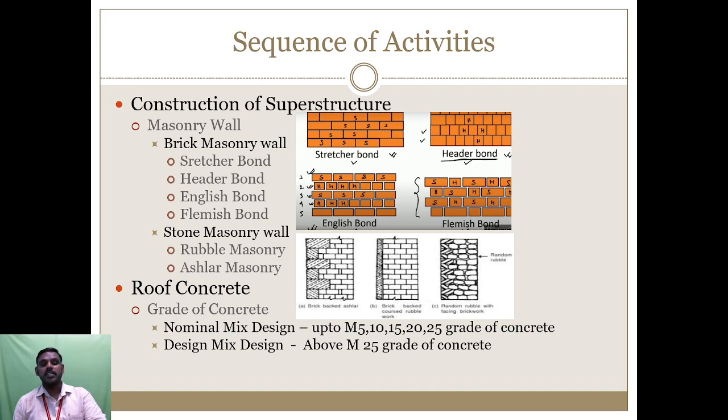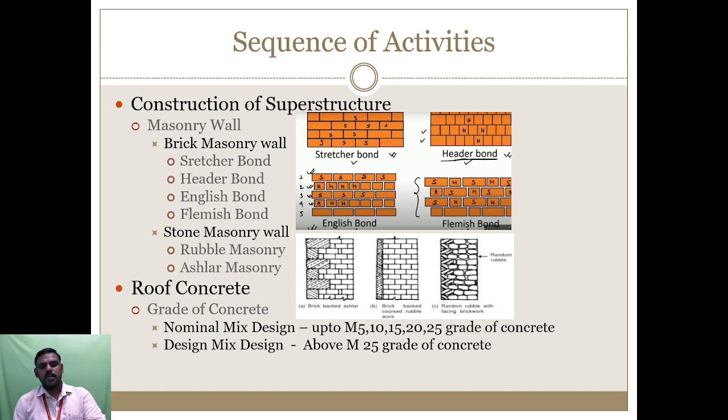There are 12 different bonds, different ways of constructing brick masonry, but regularly only these 4 types of bonding are practiced. Fly ash bricks or clay bricks, whichever it may be, can be used.